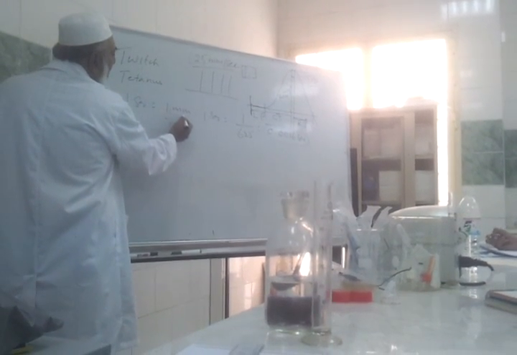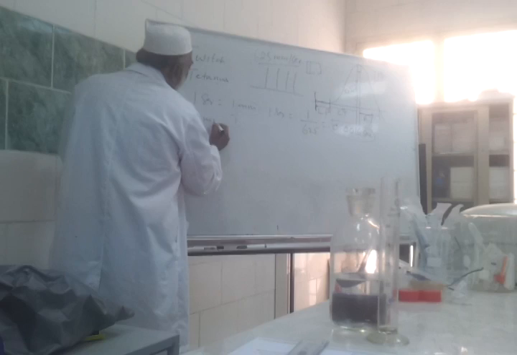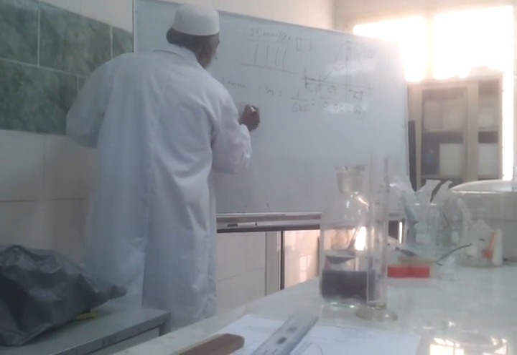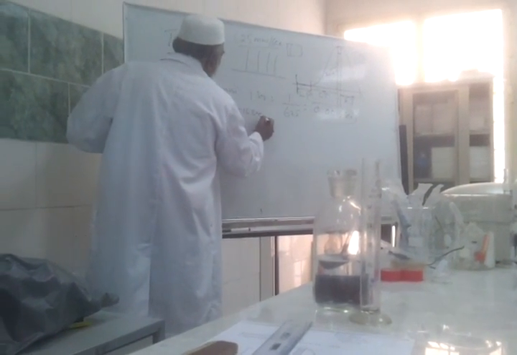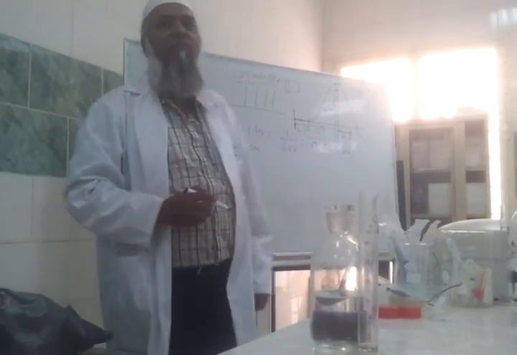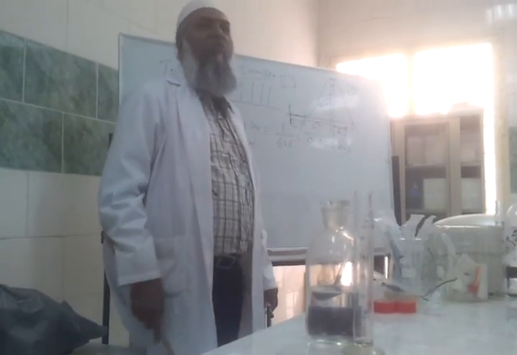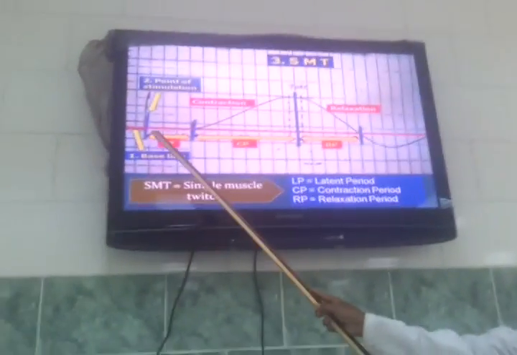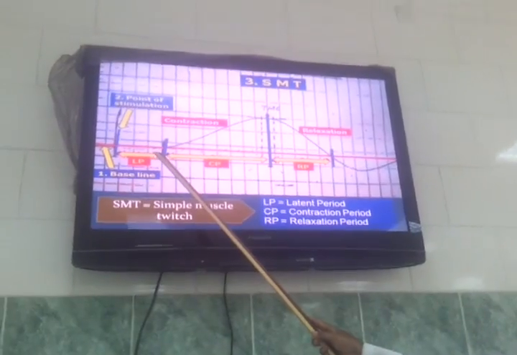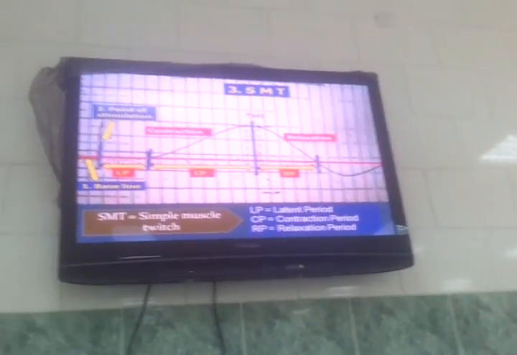It means that now we calculated that 1 square is equal to 1 millimeter and 1 millimeter is equal to 0.0016 seconds. Now once you have calculated the time period of 1 square, that is 0.0016 second, you can count that in the latent period there are 1, 2, 3 squares, that is 3 millimeters.